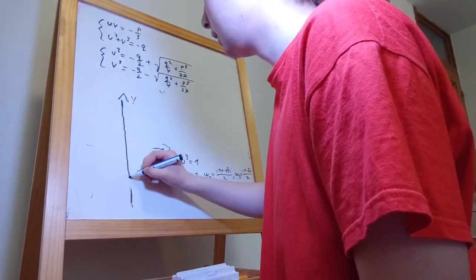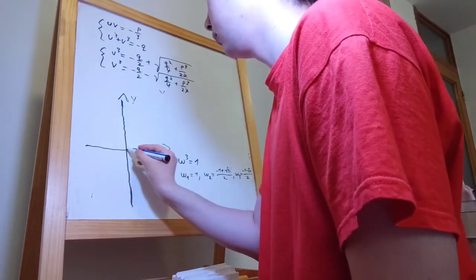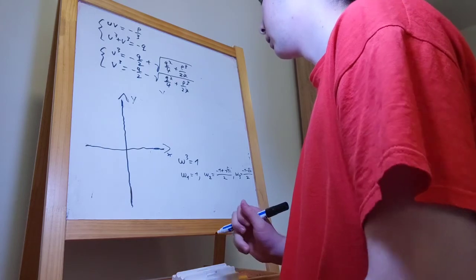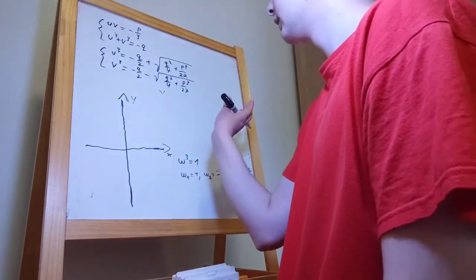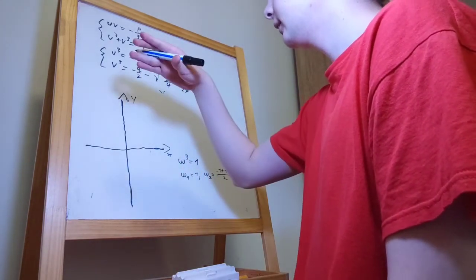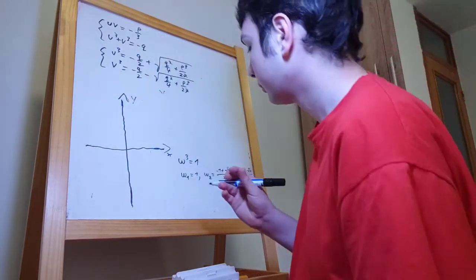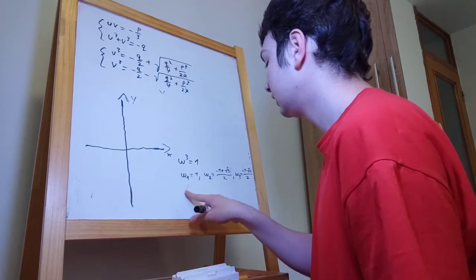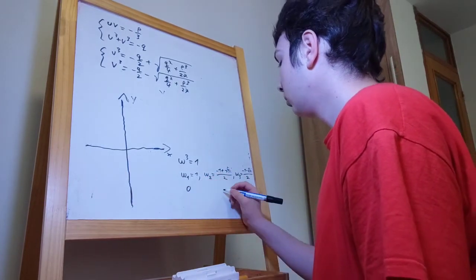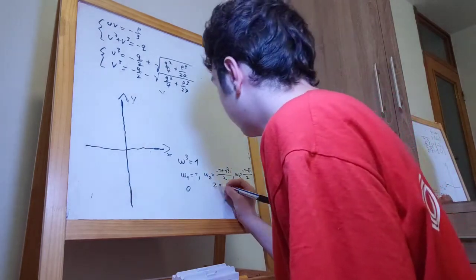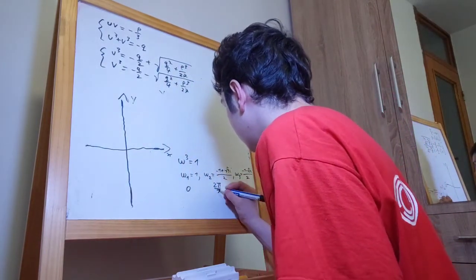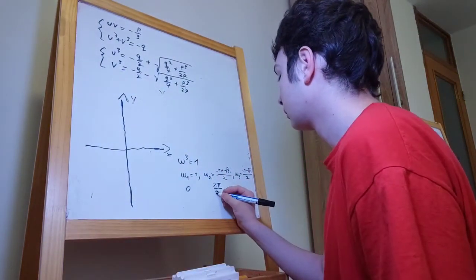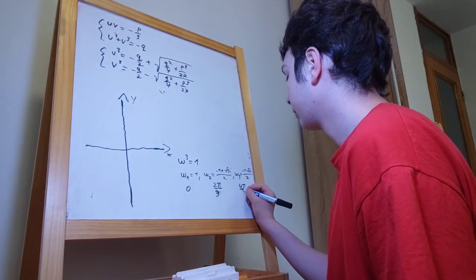Multiplying a complex number by the cube root of unity is equivalent to rotating it by 0 degrees, 120 degrees. Actually, let me write this in radians. 0, that's 2 pi over 3, and 4 pi over 3.